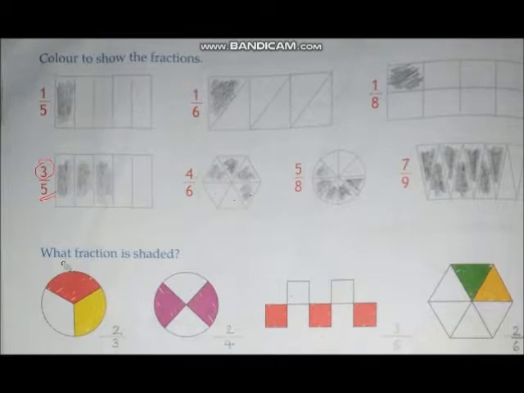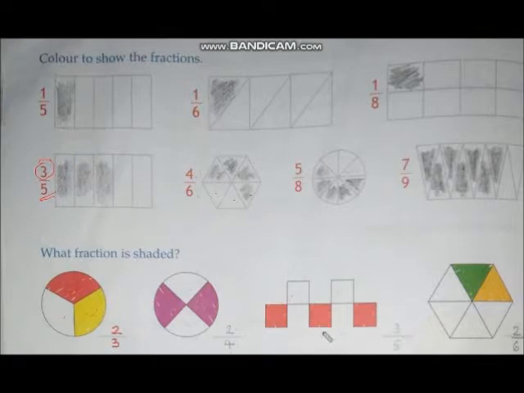Similarly, in this question, what fraction is shaded? This we have to find out. So the colored parts will be written in the numerator. For example, in this circle 2 parts are colored, so we will write 2 in the numerator, that is in the upper part, and 1, 2, 3. 3 parts are total, so 3 we will write in the denominator, that means the bottom part.